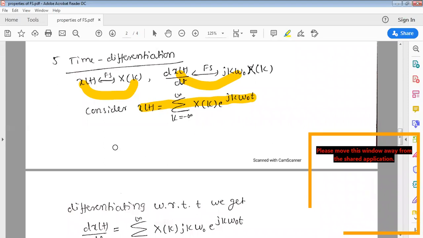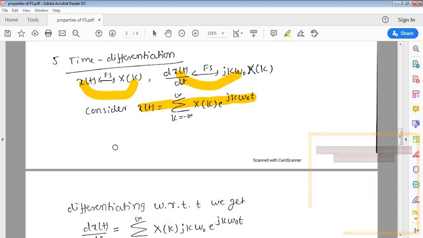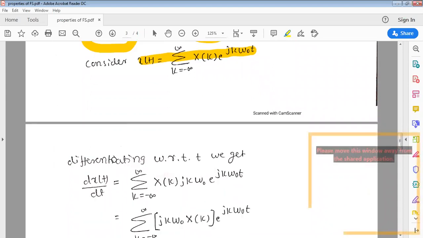What is this equation? Can you recollect what this equation is doing?